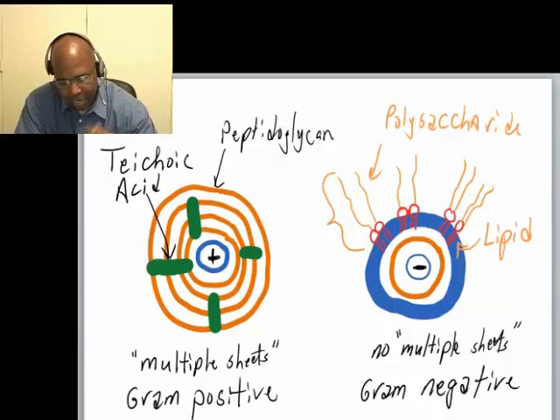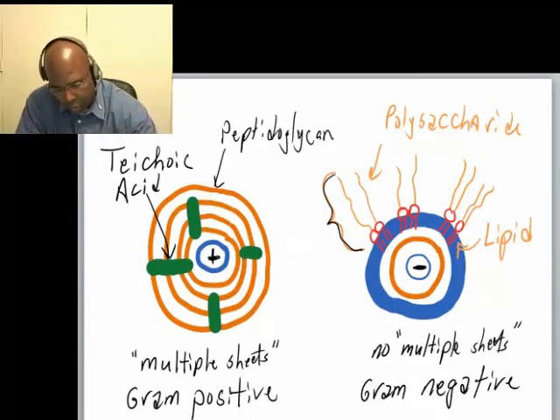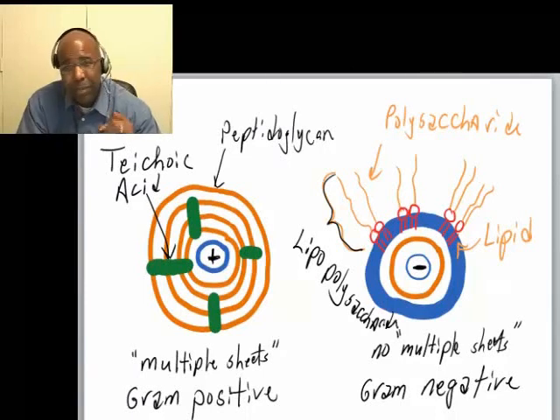In your gram-negative bacteria, you have these very long structures that extend off of the outer membrane. This is called the lipopolysaccharide. Now, lipopolysaccharide can induce a very strong immune response.